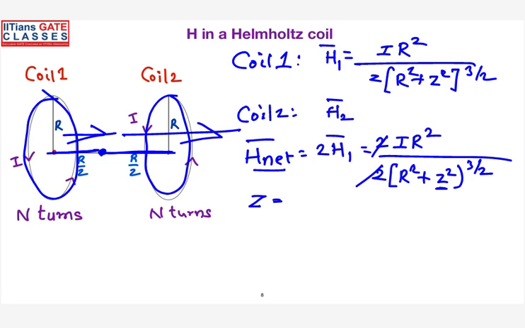So at the point of observation, that is the center point between the two coils, for H1 it is towards the right for coil 1, and for coil 2 it is on the opposite side of the actual H direction, right?